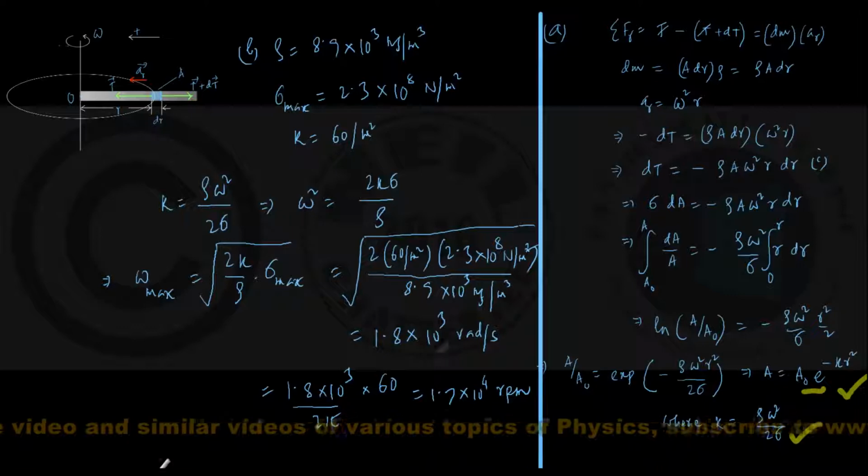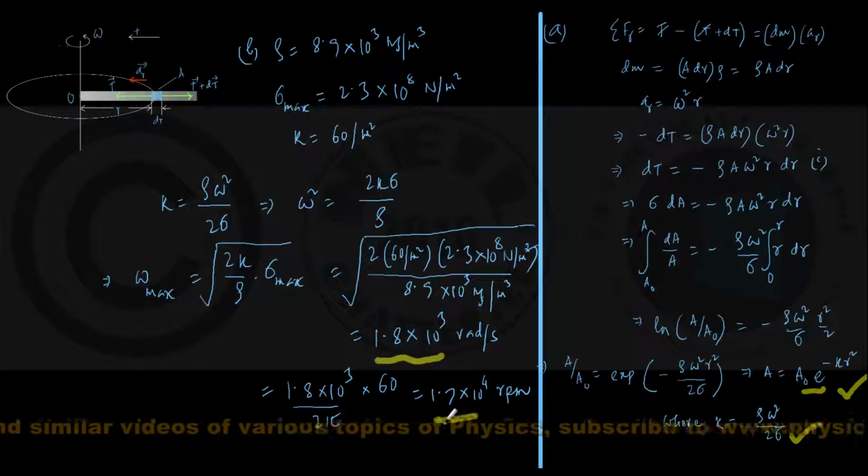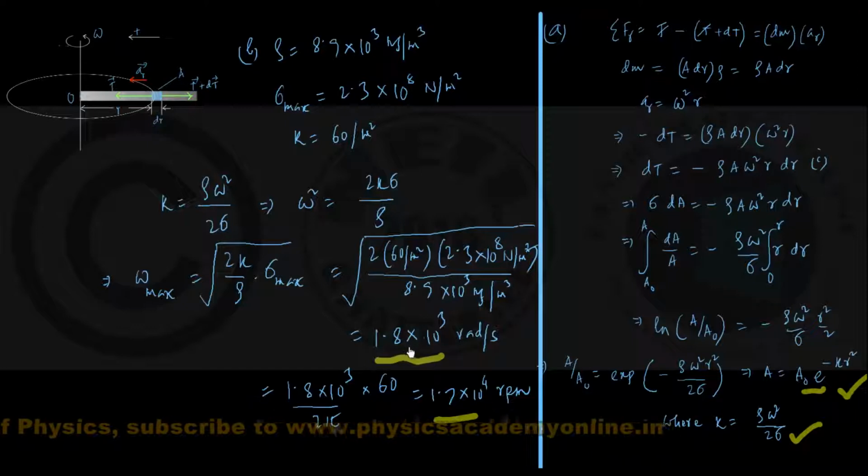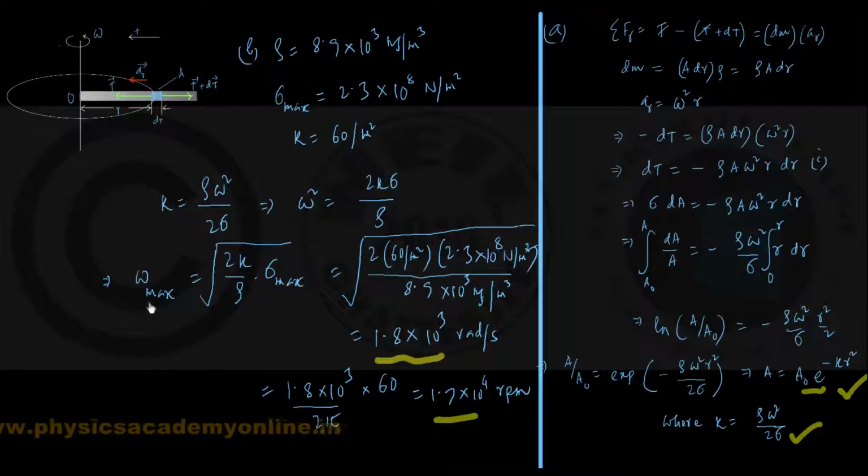So this is the answer of part B of the question. Our conclusion is, if the angular velocity is raised to a value of 1.8 into 10 to the power 3 radian per second, then the rod is on the verge of breaking, and that is the maximum permissible value of angular velocity as well. The complete solution of the problem is here.